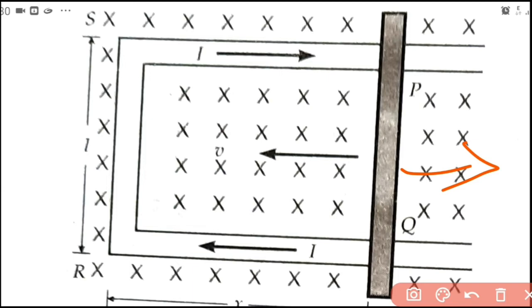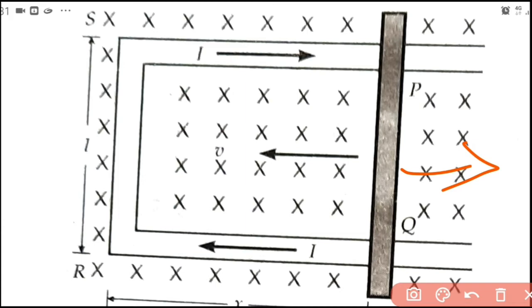You can stretch the three fingers of the left hand in three mutually perpendicular directions, so that the forefinger shows the direction of magnetic field, which you can keep into the plane of the paper, and the direction of current from P to Q. You can see that the thumb shows this particular direction as I marked.